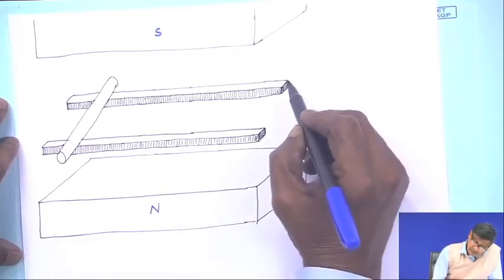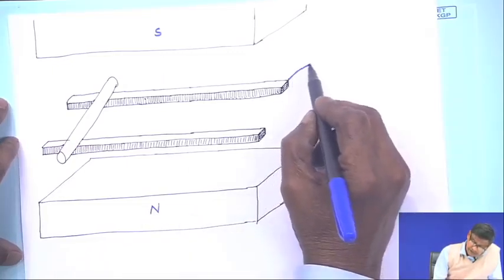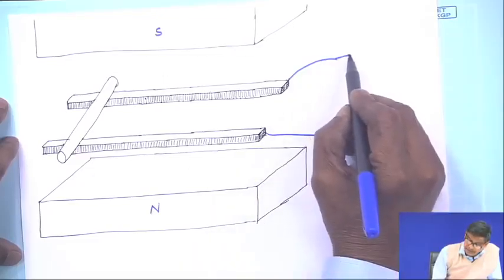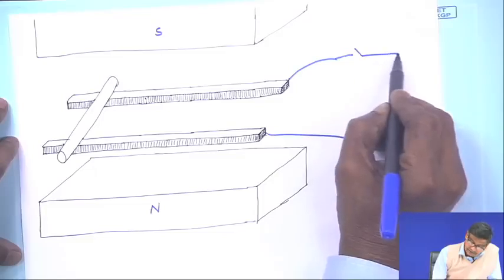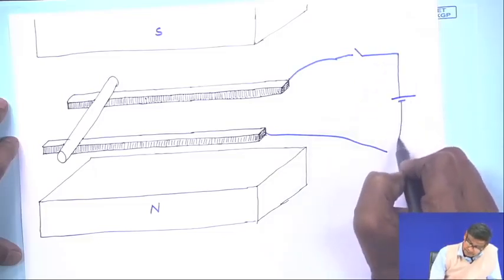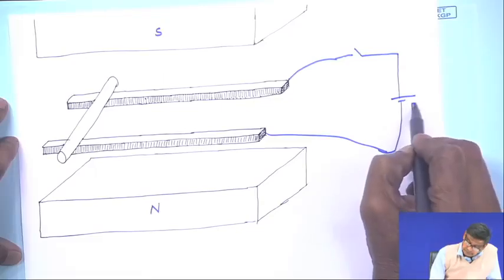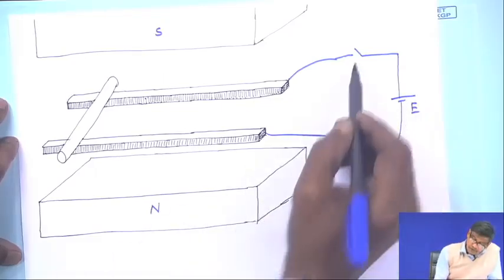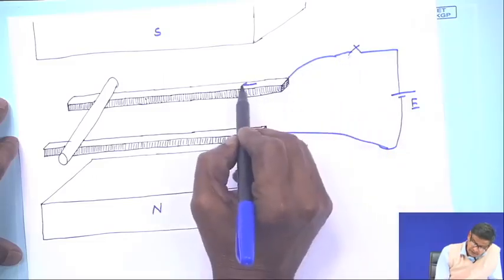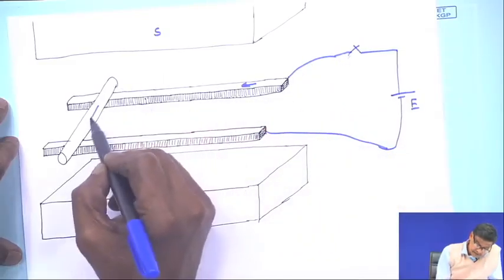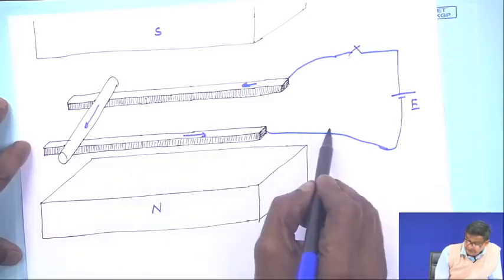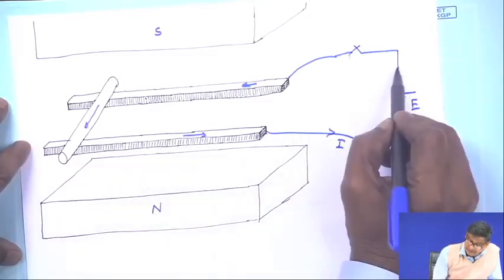Then you take some flexible wire and connect a switch here and connect some battery. If you close the switch, current will start flowing. Let it flow like this, and the return path will be like this, I.